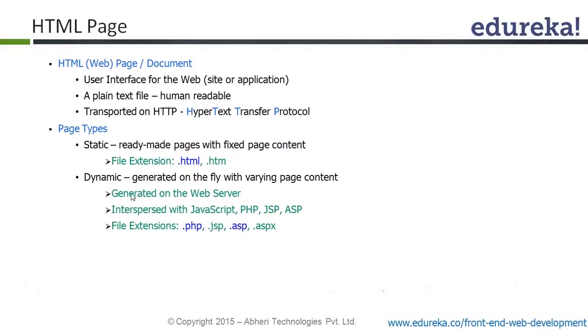Another type of web page is called a dynamic web page. In a dynamic web page, there will be some PHP script, or some JavaScript in the case of Node.js, or some other script that runs, and as an output of executing that script, it generates the HTML, CSS, and JavaScript output, which is sent to the browser.